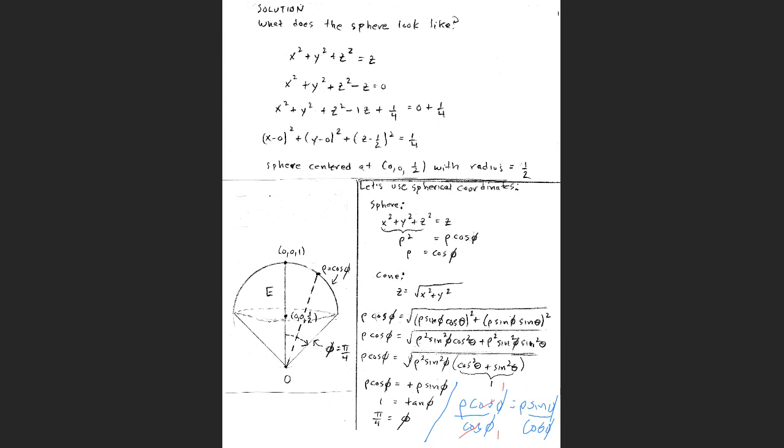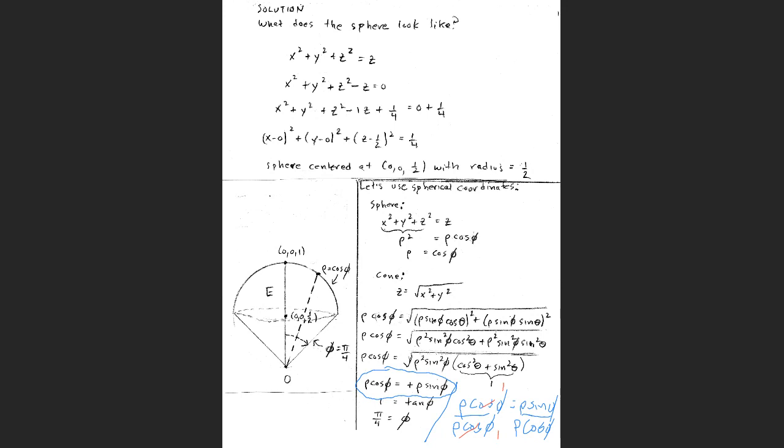We'll just say phi is greater than 0. So I'm taking this equation, rho cosine phi equals rho sine of phi, and dividing both sides by rho cosine phi.